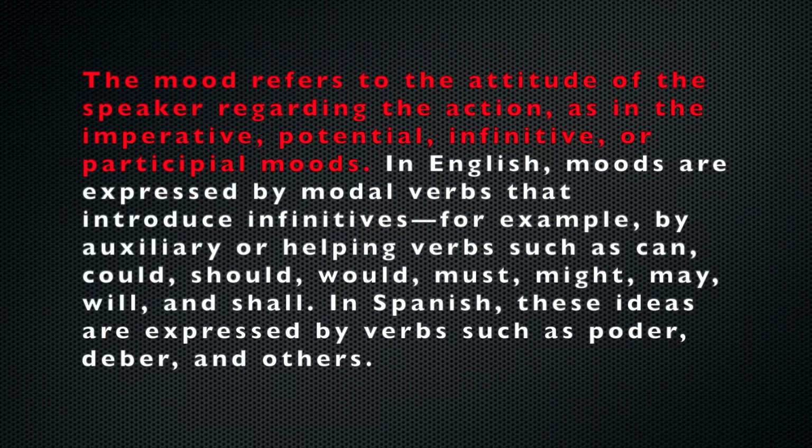In English, moods are expressed by modal verbs that introduce infinitives. For example, by auxiliary or helping verbs such as can, could, should, would, must, might, may, will, and shall. In Spanish, these ideas are expressed by verbs such as poder and deber y hay más.